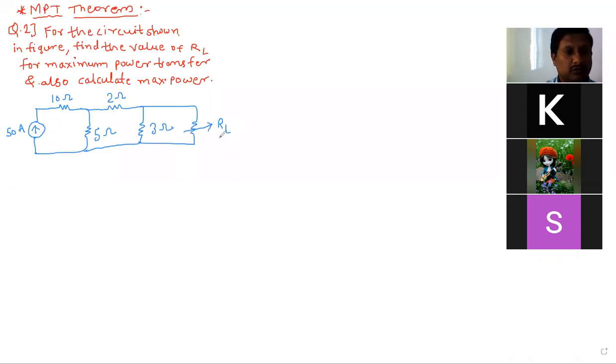So how to start to solve this example now, according to our traditional method. First of all, the theorem they are going to ask us to use, that theorem name you can write down. So we have to use the maximum power transfer theorem, and we have to identify the type of circuit, whether it belongs to type 1 or type 2.